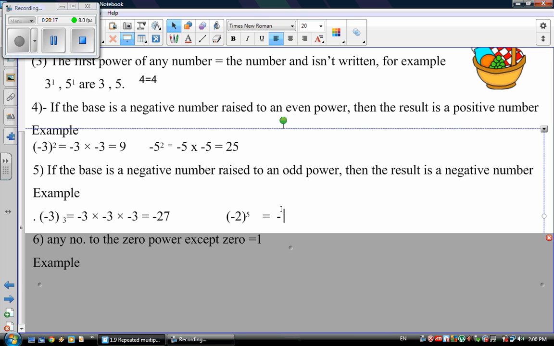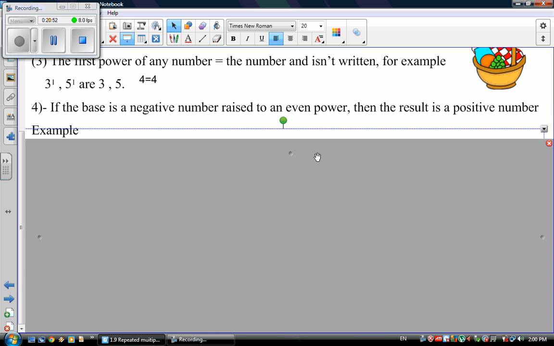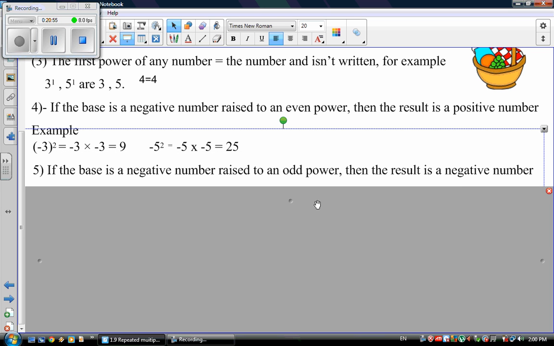So 2 times 2 is 4. 4 times 2 is 8. 8 times 2 is 16. 16 times 2 will be 32. So the answer will be a negative number as shown. So remember these two rules very well. Once again, I'm going to repeat. If the base is a negative number and it's raised to an even power, the result will be positive. But if the base is negative and it's raised to an odd power, the answer will be a negative number.